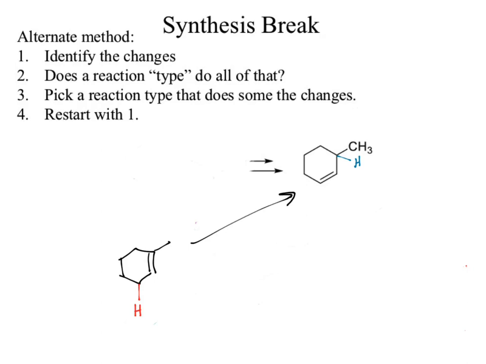So what do I want to focus on? Okay. You want to make the blue hydrogen. For the sake of argument, I'm going to say no. Let's break the red hydrogen. How would you break the red hydrogen off? Is that hydrogen acidic? Why not?